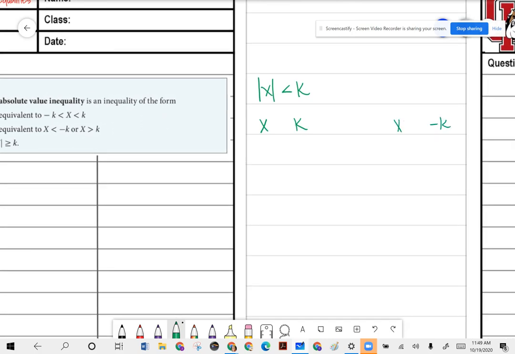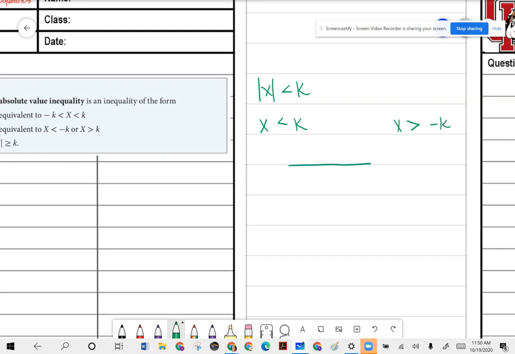So if I have x is less than k originally, then I've got x is less than k now. But to get to that negative k, we think about it as multiplying by -1, so we also have to flip that inequality. When I flip it, now I have x is greater than negative k.